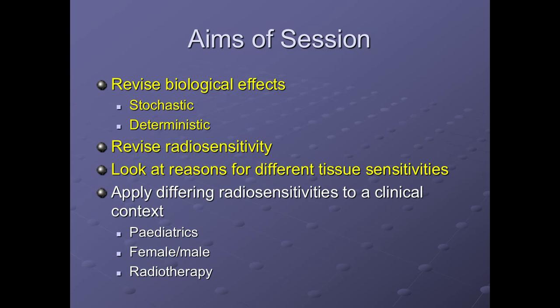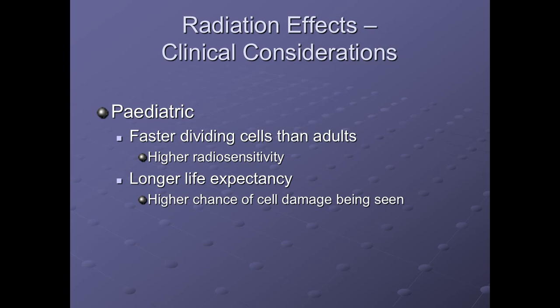So now we've looked at the reasons for different tissue sensitivities, we're now going to consider applying them to different clinical settings. The first clinical consideration I want to make is about paediatrics, and there are two factors we need to consider with paediatrics. The first is that because they are still developing, they have a faster cell division than adults do.